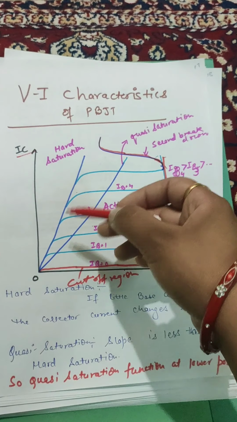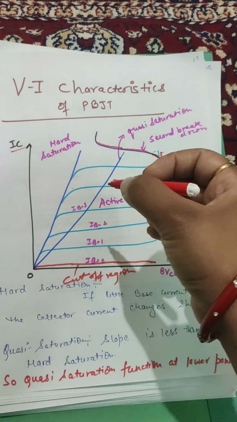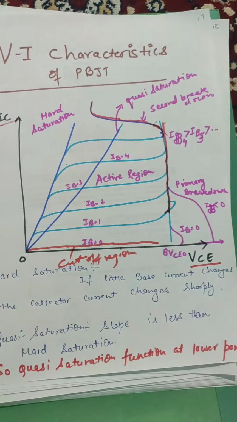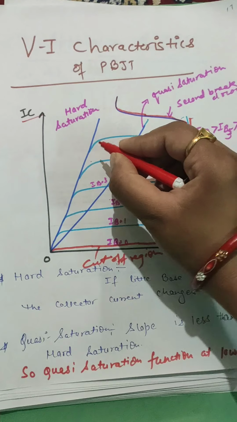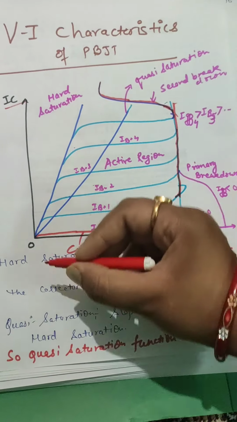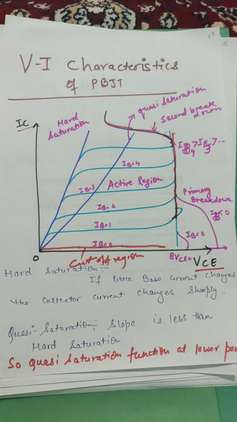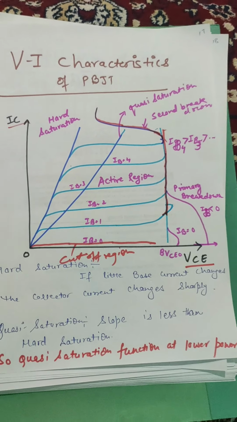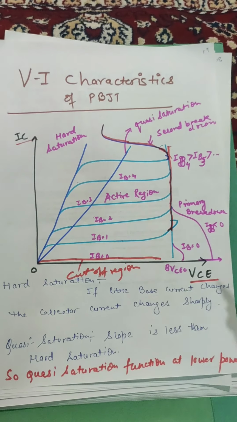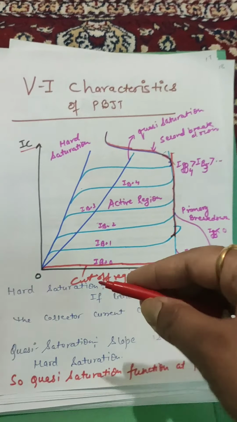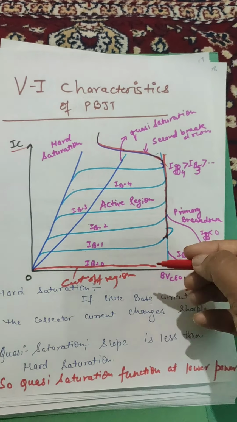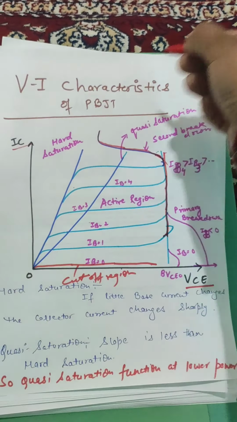The hard saturation region and quasi saturation region, this is called cutoff region. The light blue area is the active region, and the navy blue area is hard saturation and quasi saturation region. We get different collector current IC at different base current. If we increase the base current, we can increase the collector current.